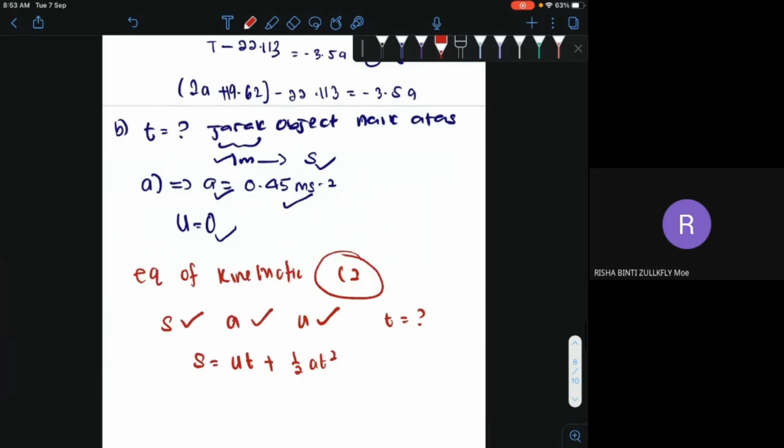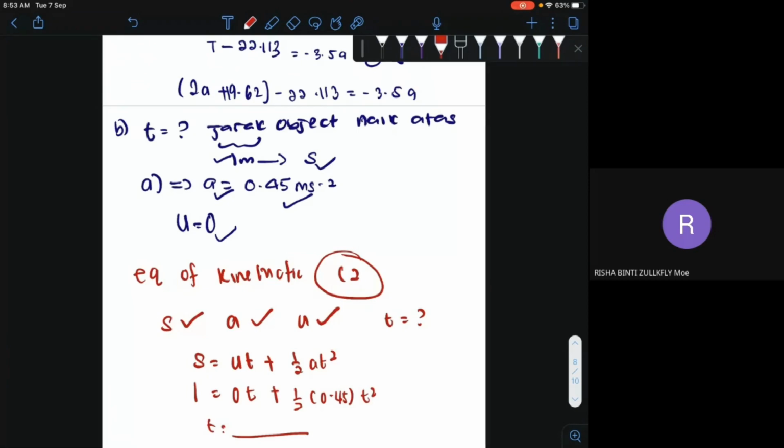So S kamu naik ke atas 1 meter, U kamu kosong, plus dengan 1/2 acceleration 0.45 T square. And then do your max, dapatkan T kamu.